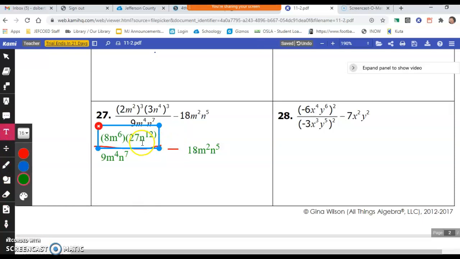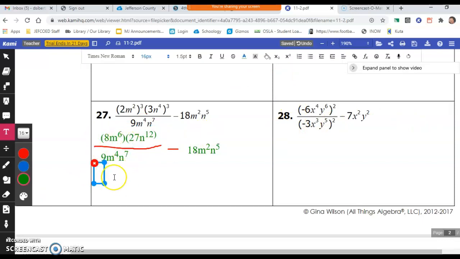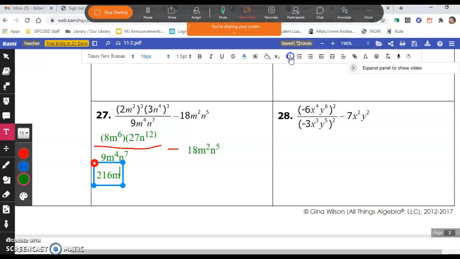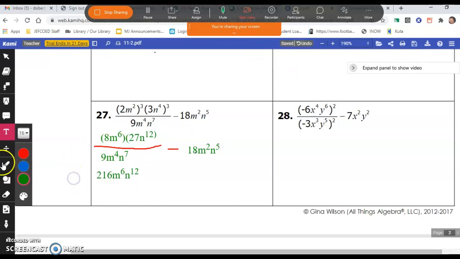All right. Now, looking here, let's reduce using my product rule. Okay, so we've got 8 times 27 is going to be what? 216. M to the what? 6th and n to the 12th. Okay.